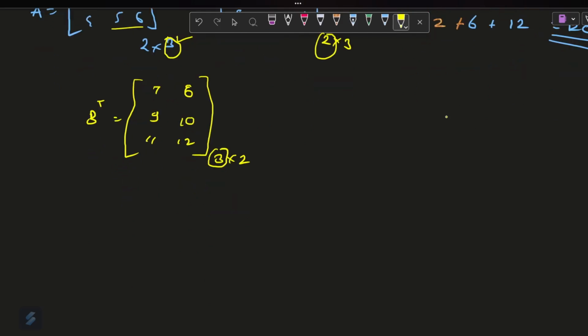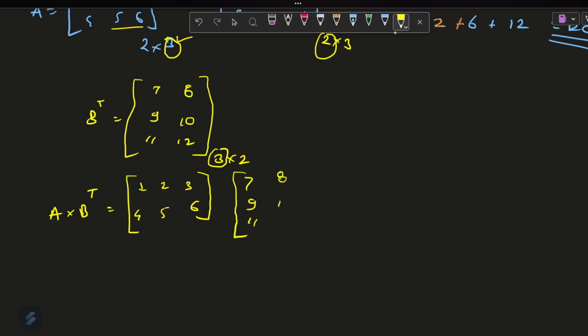So we take A multiplied by B: A is 1, 2, 3, 4, 5, and 6, and the transpose of B is 7, 9, 11, 8, 10, and 12.